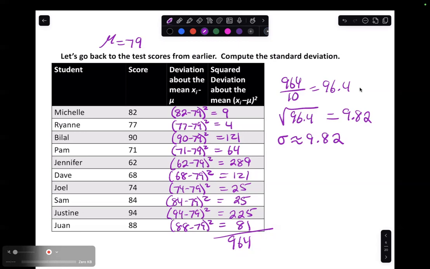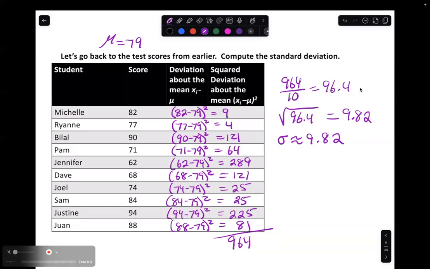Is standard deviation like the scientific way of saying plus or minus? No, no, no. This is just telling you how spread out the data is. It's not saying it's the average plus or minus this number. Standard deviation is always going to be positive because distance is always positive, and standard deviation is a distance.